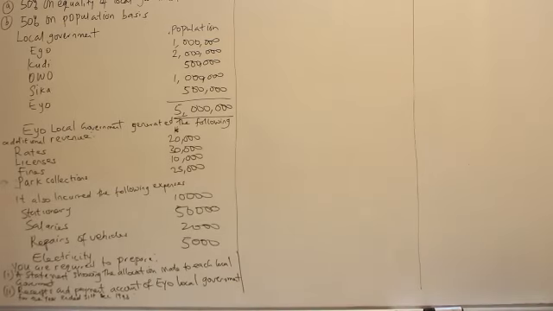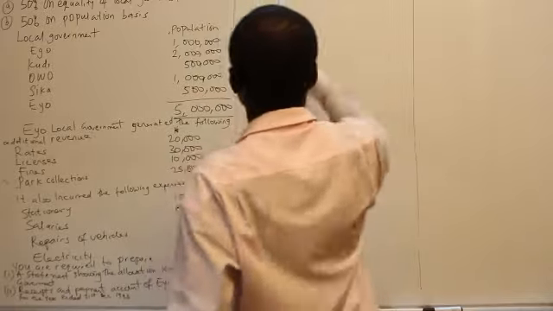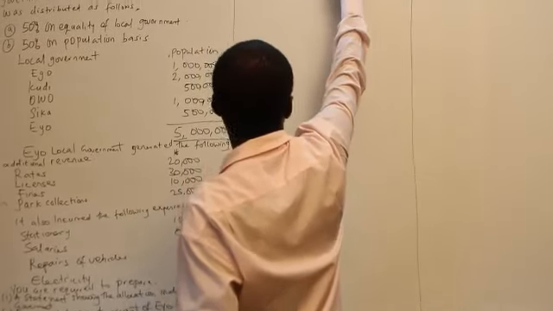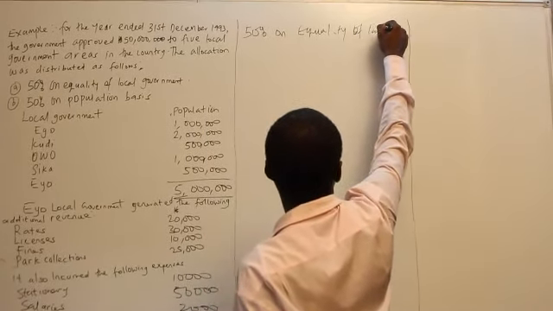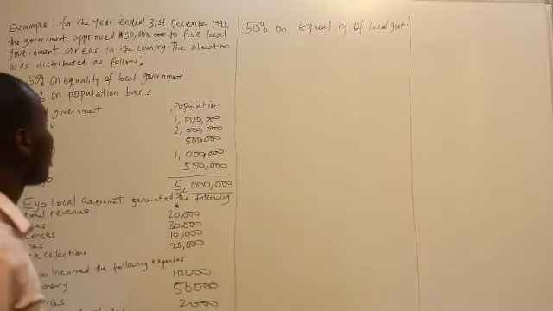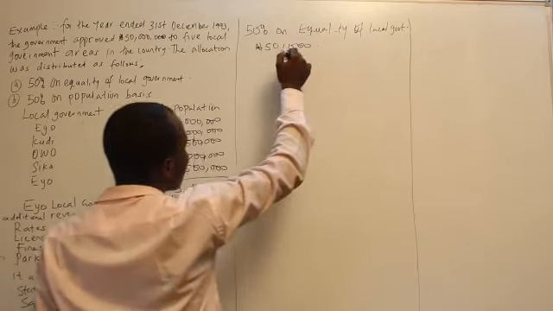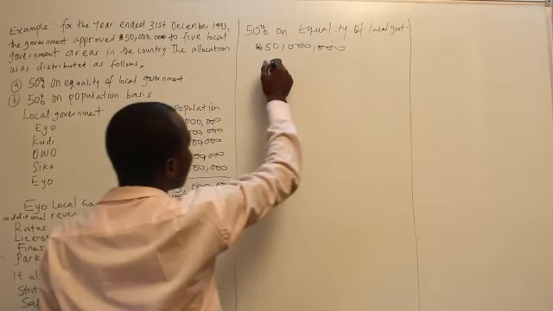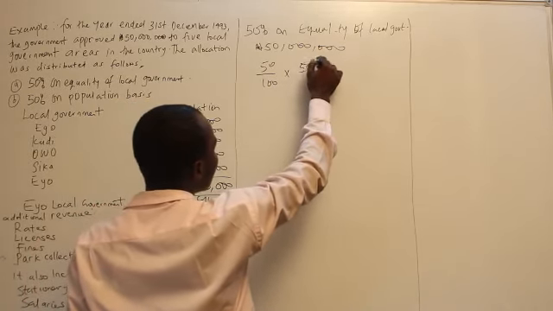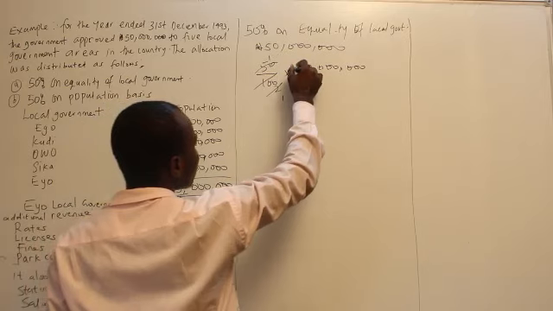The 50 million naira, how are we to allocate it to the 5 local governments? Now, we assume 50% on equality of local governments. The amount allocated is 50 over 100 times 50 million naira. 50 over 100 times 50 million is 25 million naira.